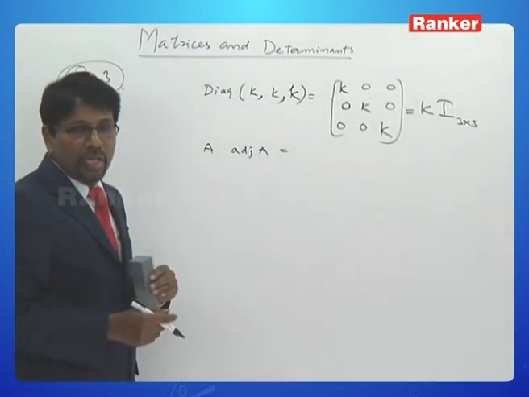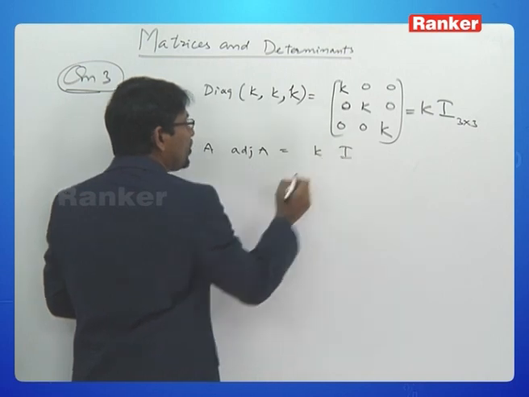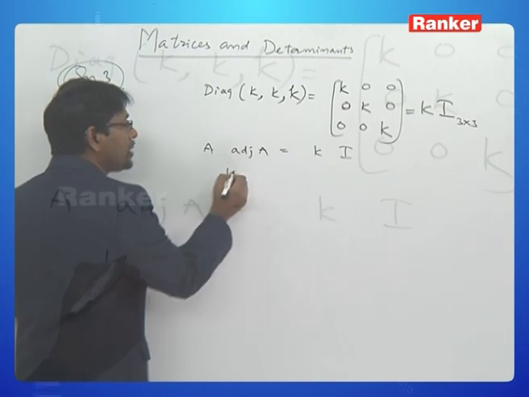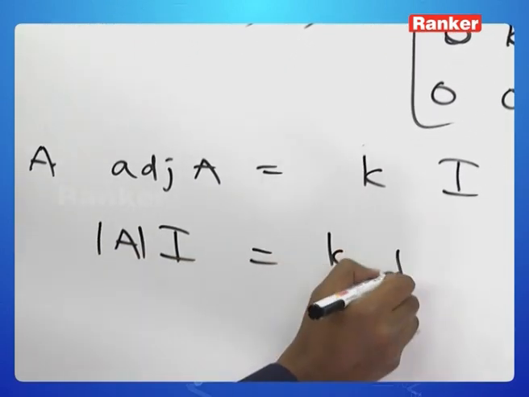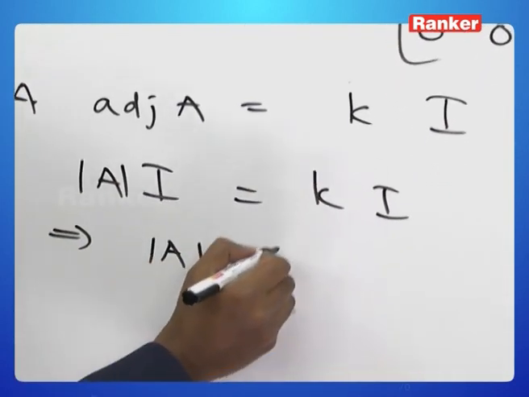Now what do we know about A into adjoint of A? He has given that to be K into I. But what do we know about A into adjoint of A? This is nothing but det A into I. So det A into I is K into I. So what would be det A? This implies det A must be equal to K.